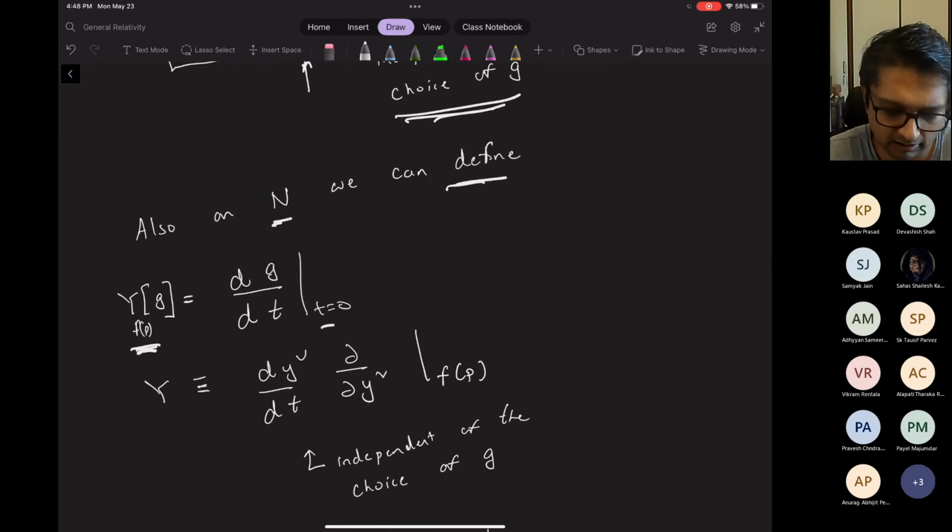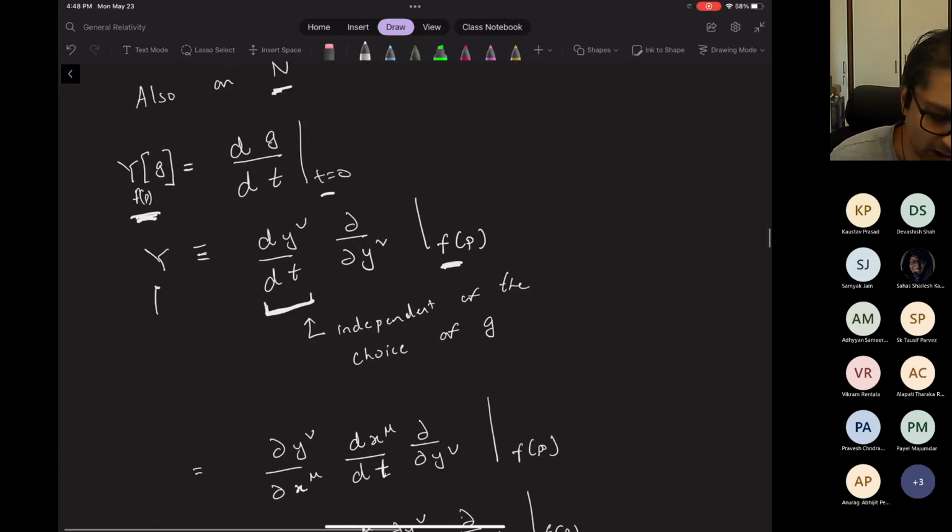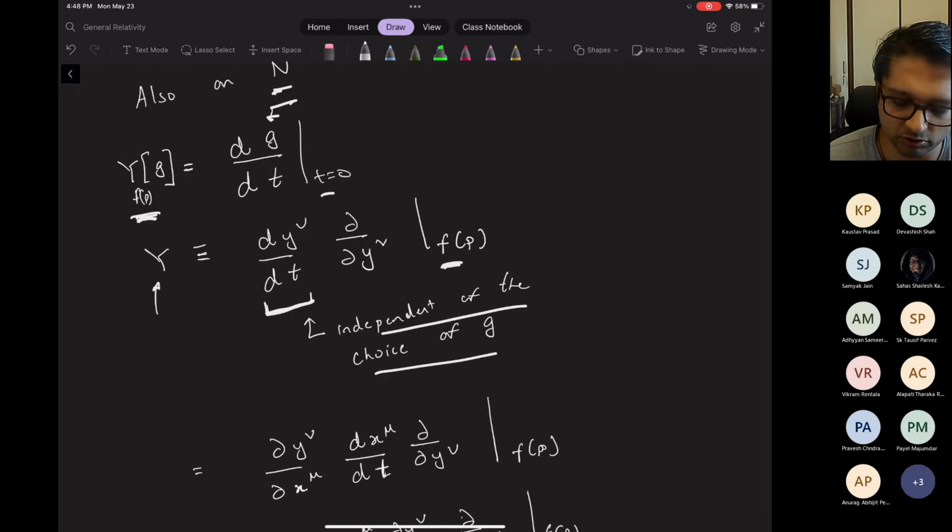Really, by the chain rule, this operation Y is taking dy by dt of partial y nu at the point F of P. This operation Y does not depend on G. Given any G, I can differentiate it along this curve, so this is independent of the choice of G.